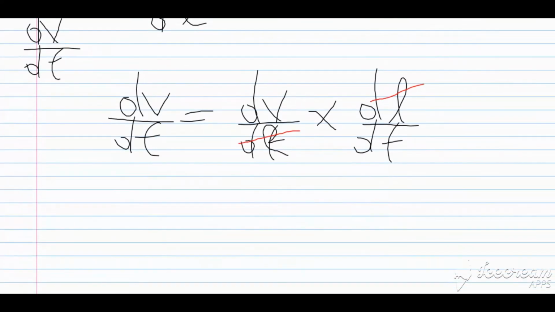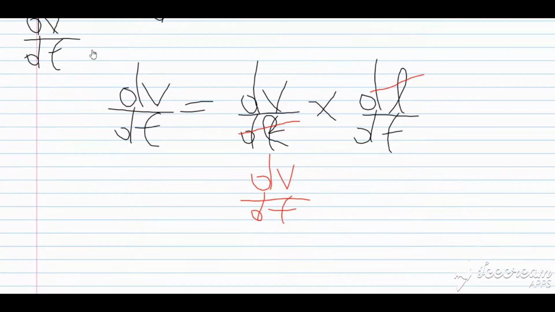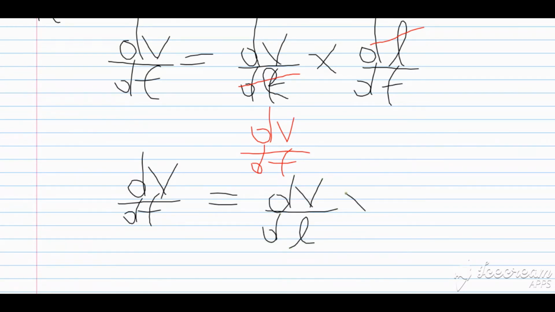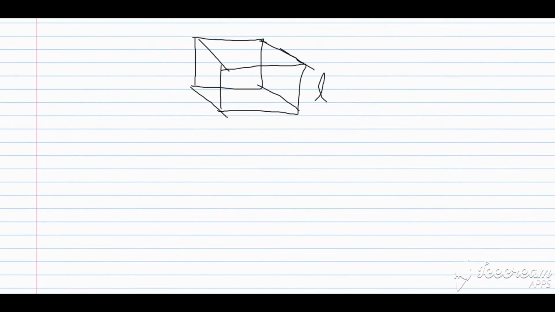So when we break this down, we're going to end up with dV over dt. So ultimately, we can say that the rate of change of volume with respect to time, or the change in volume with respect to time, is equal to dV over dl times dl over dt.